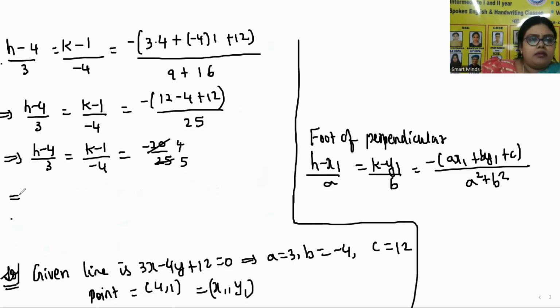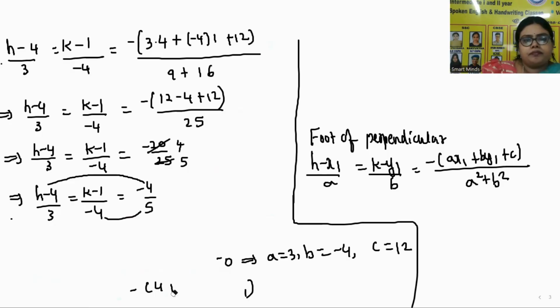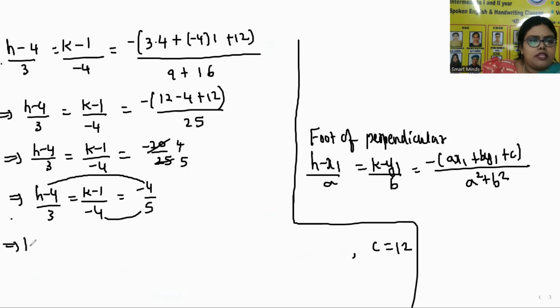Okay. Now, h minus 4 by 3 is equal to k minus 1 by minus 4 is equal to minus 4 by 5. Now we will equate first and last, second and last. So h minus 4 by 3 is equal to minus 4 by 5.